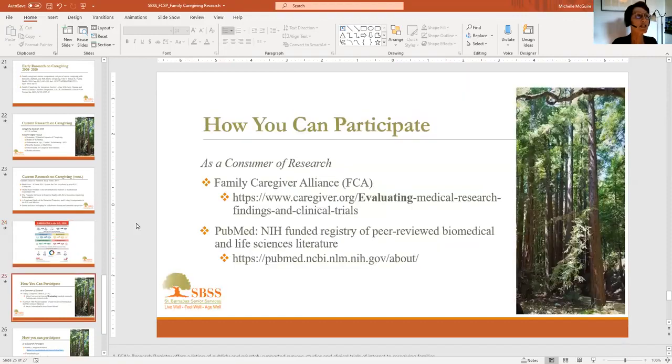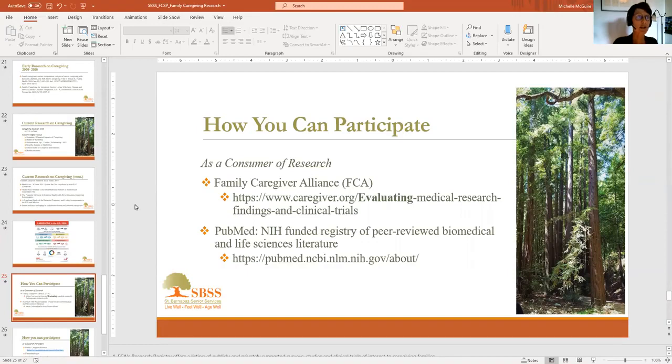So with that said, let's move into how you can participate in caregiving research. You can participate as a consumer. For example, the Family Caregiver Alliance has a wonderful article on their website about how to evaluate and read medical research studies and clinical trial studies, how to make sense of all those big medical words they use, how to read the tables.